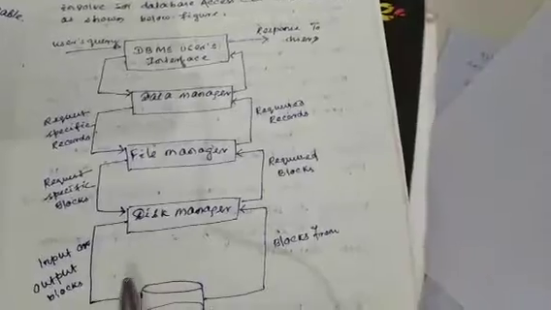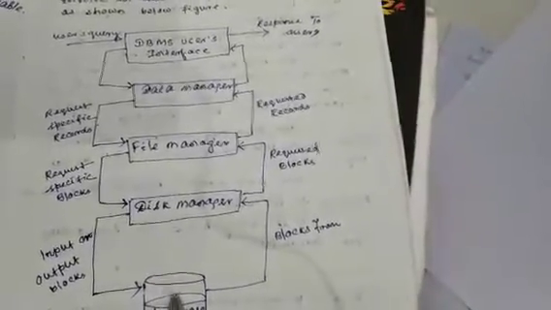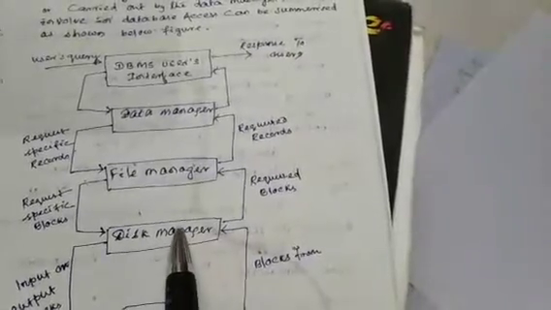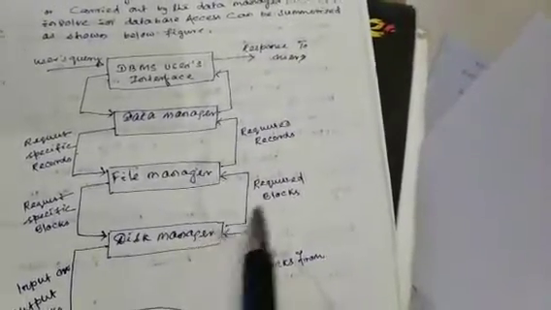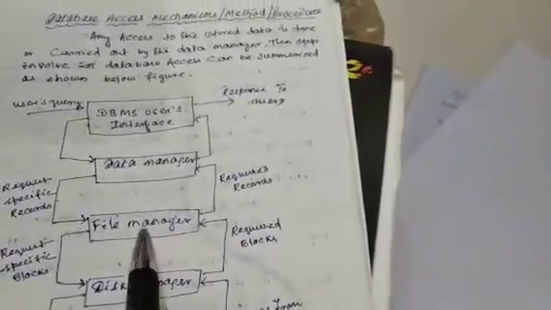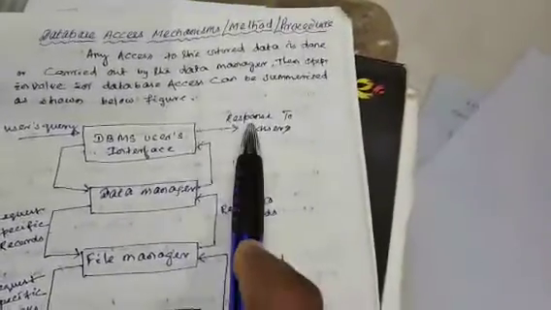Then in the reverse way, the block comes into the disk manager, and the disk manager sends the requested blocks to the file manager. The file manager sends the requested records to the data manager, and the data manager sends the response to the external user.